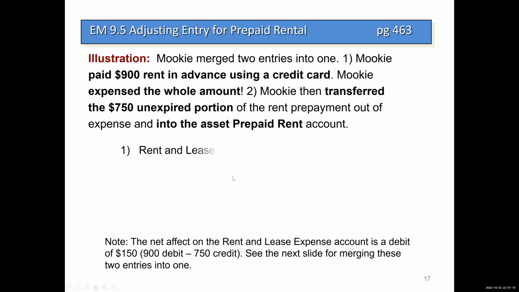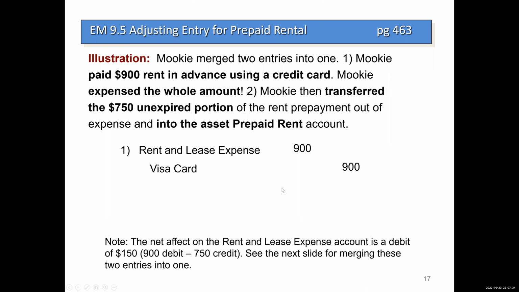Really? Yeah, that's what Mookie did. So we're putting that entire rent in advance under an expense of $900. Logically, the way we were trained, and theoretically, it should be prepaid rent, but we're going to expense it all, and then fix it later.